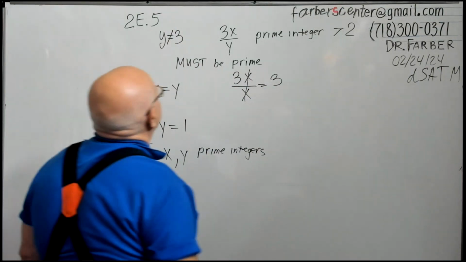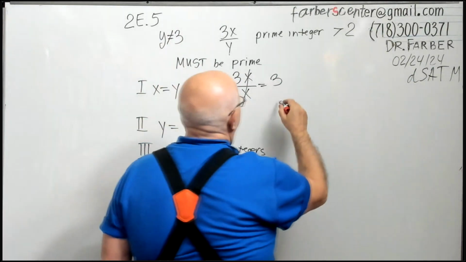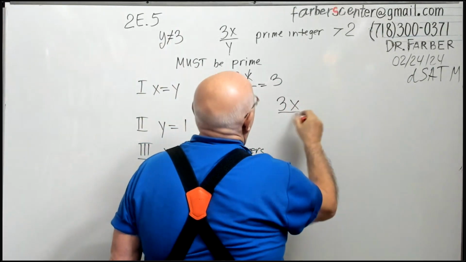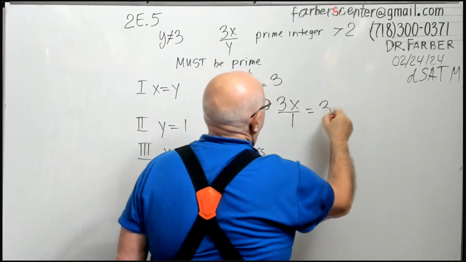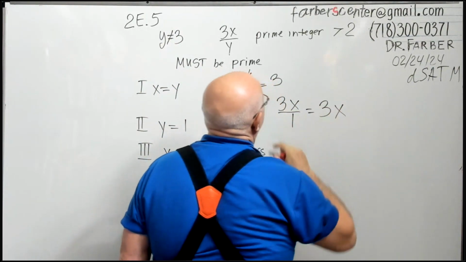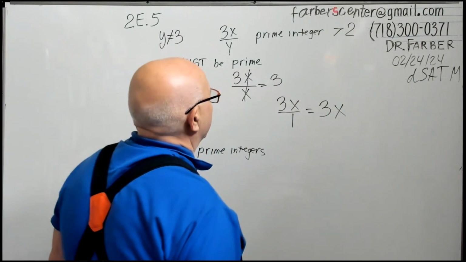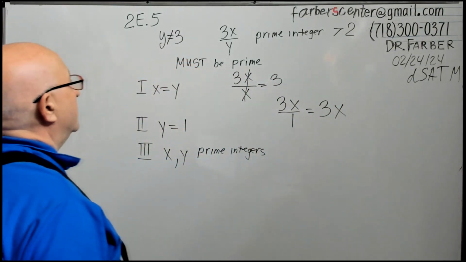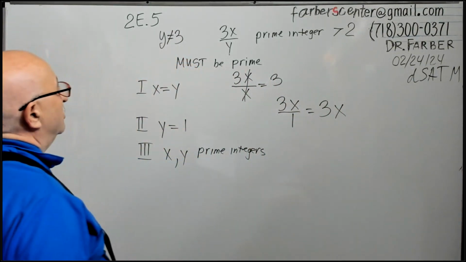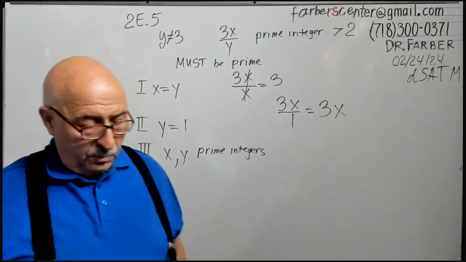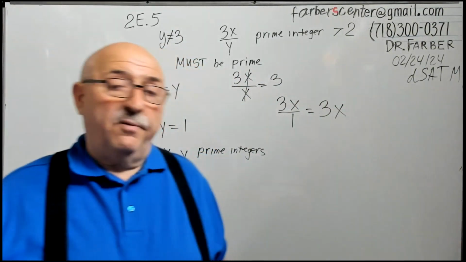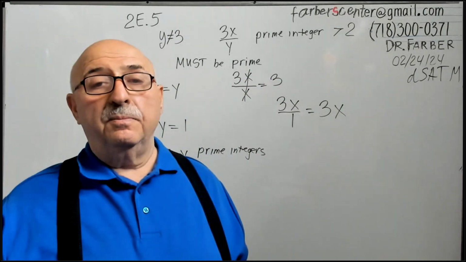Next, if y equals 1, 3x over 1 equals 3x. And they ask, is it possible it's prime? Must be prime. Students, there is no information about x and y. We don't even know if x and y are integers.